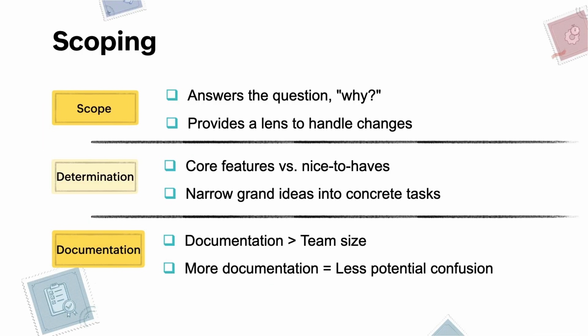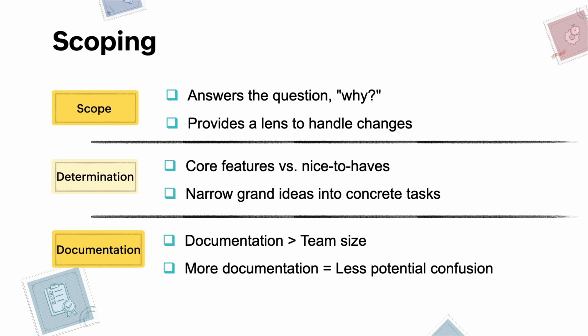Just to give a quick overview, this answers the question, why? Because our scope is always going to be in service of that final value that we want to deliver either to our team internally or our customers, it's going to be answering the question why.